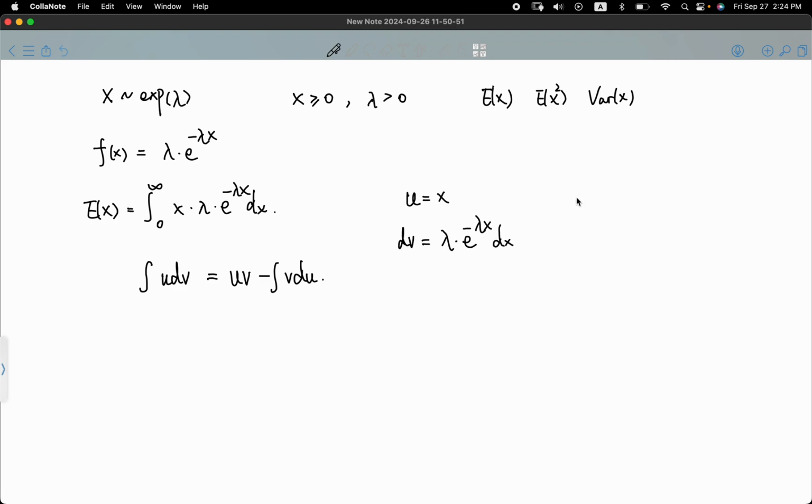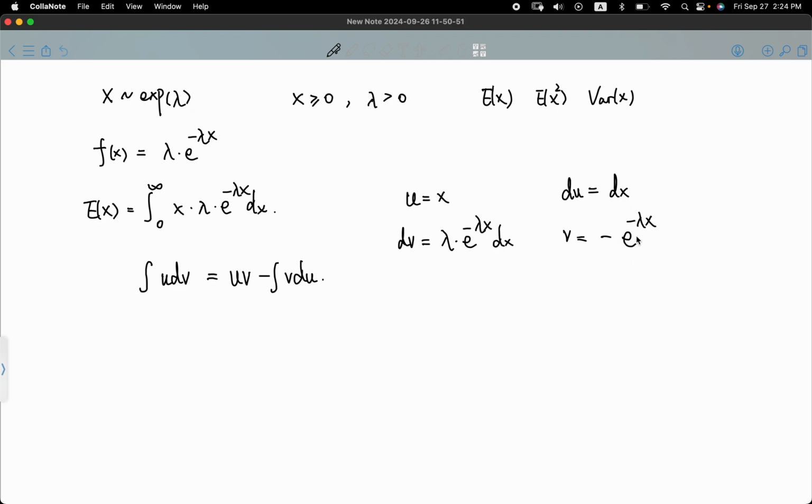Then for du, you just have dx, and for v, you take the integral of this, which is equal to negative e negative lambda x.